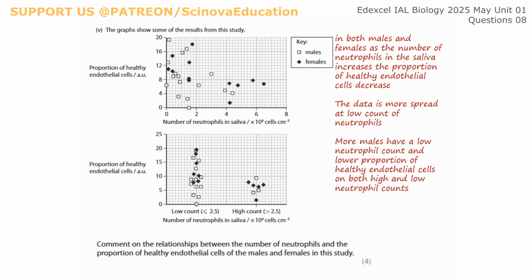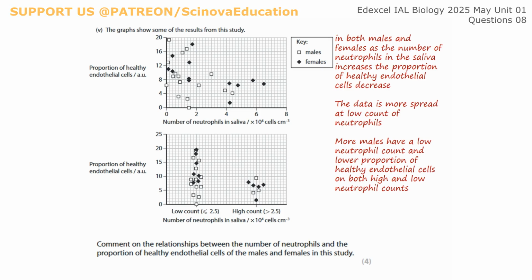That means most of the men have a low proportion of healthy endothelial cells in low count of neutrophils, but in high count of neutrophils, more women have low proportions of healthy endothelial cells.